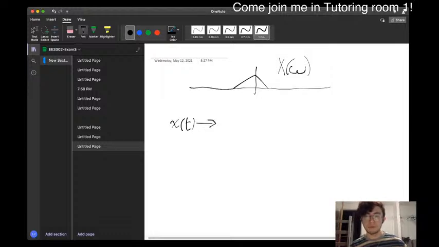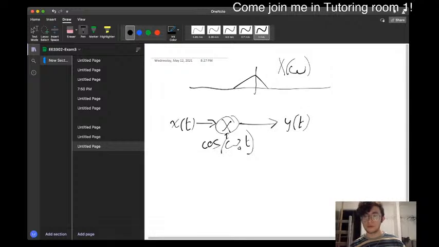We bring this in and multiply it by some cosine omega naught t. This is the multiplication symbol. And then this is y(t). Great, that's our output y. And then we want to sample.